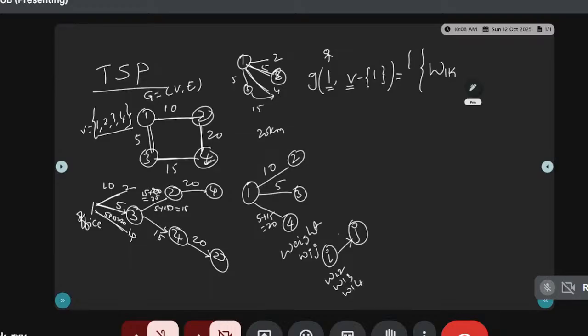But what is the K value? Not 1, since 1 is already visited. After 1, that is 2. So K ranges from 2 up to n, that is 2 less than or equal to K less than or equal to n, where n is 4 in this case, or 99 or 100.